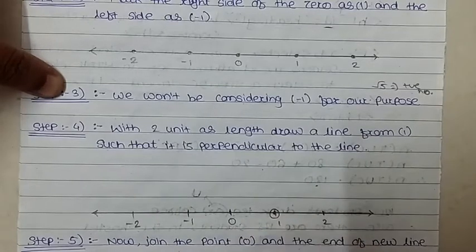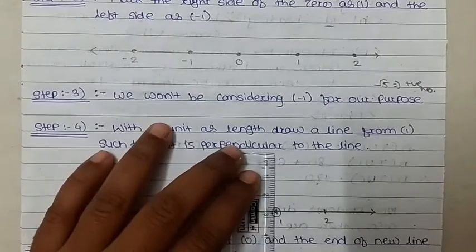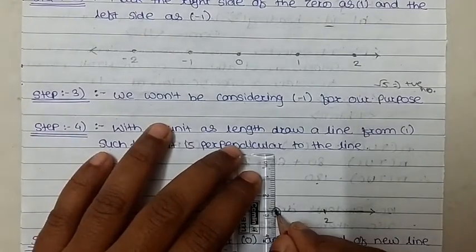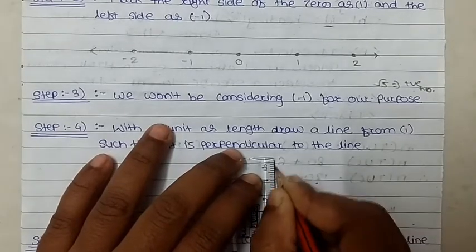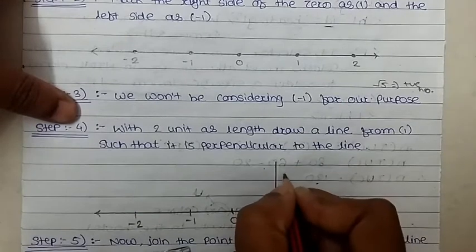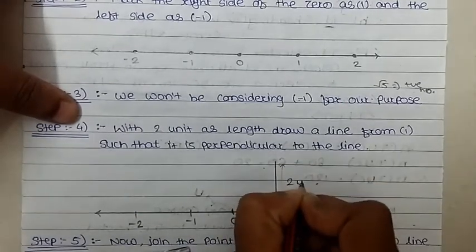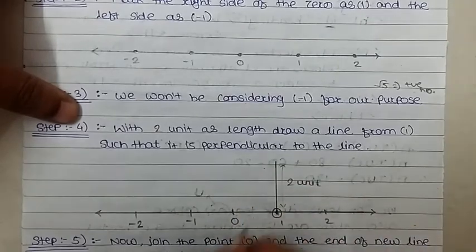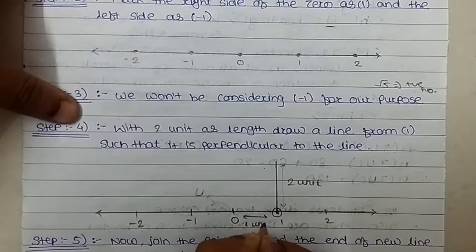So draw one perpendicular line whose length is 2 units. Randomly draw this line, but the size is 2 units. That means here the length is 2 units, and here the length is 1 unit.